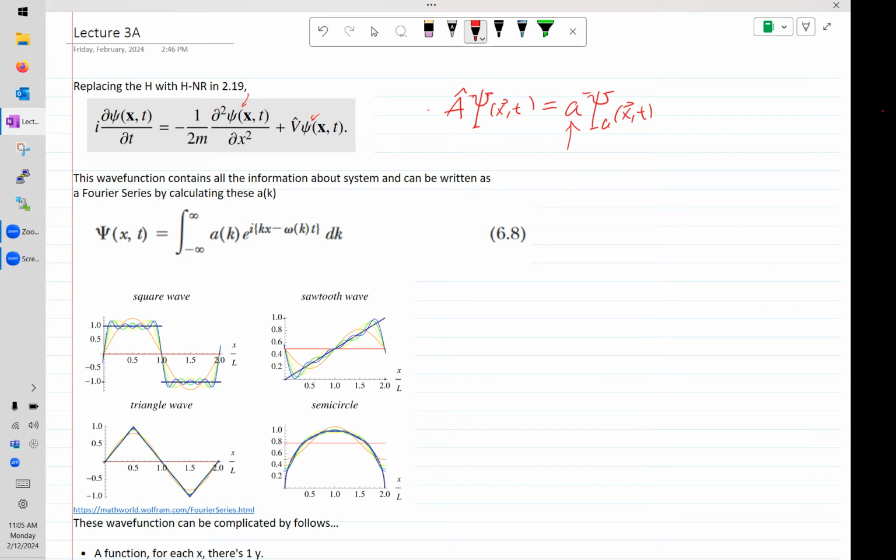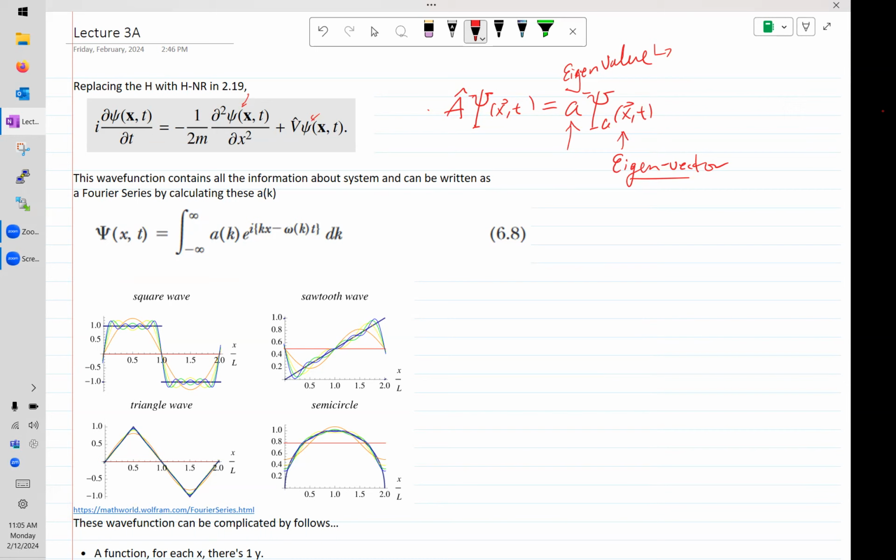So this is the eigenvalue. That's actually what you measure, and the eigenvector is the state that will get projected out into that particular state, or the wave function collapses into an eigenvector of that particular operator.